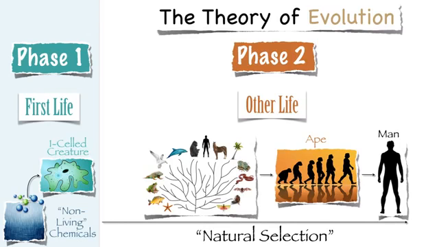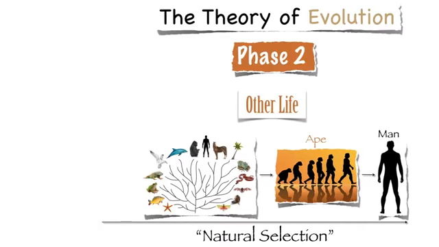Again, a key point that we brought up last time was that if there is no phase 1 there on the left, there's no phase 2 or other life. You can't have life forms evolving if you don't have pre-existing life to start with. Without the first life, there's nothing. So now that we have a good understanding from our last video on the first life, let's shift our attention now to natural selection and all other life.